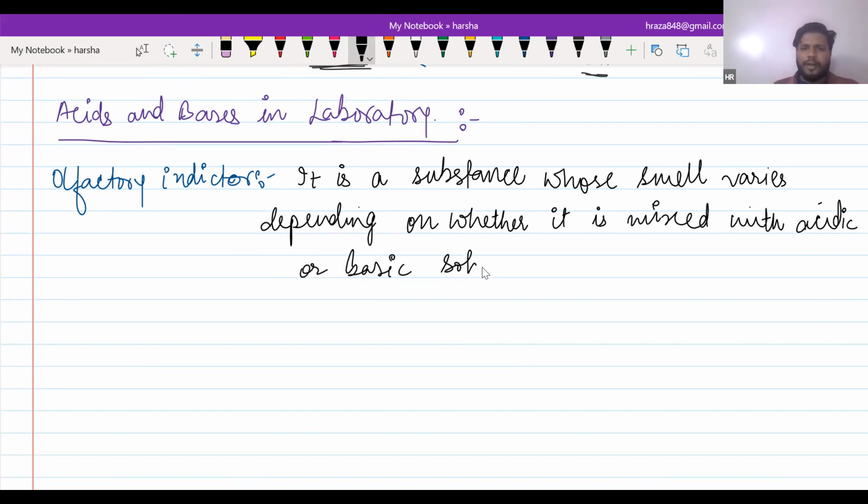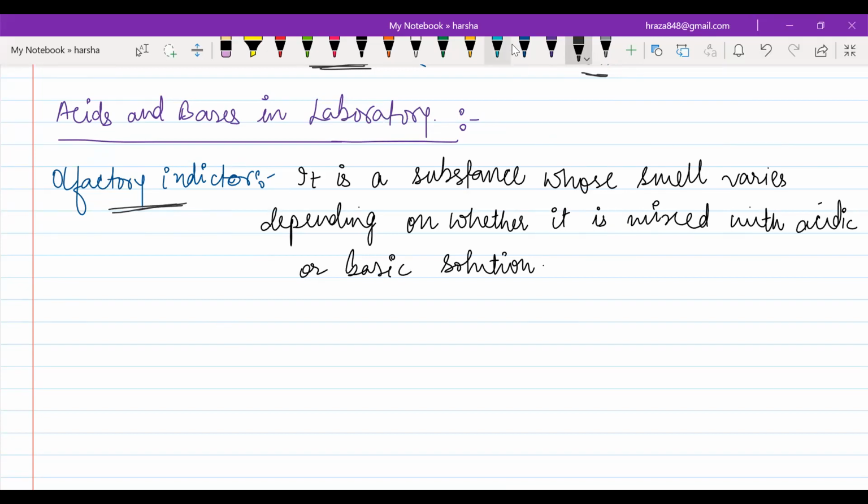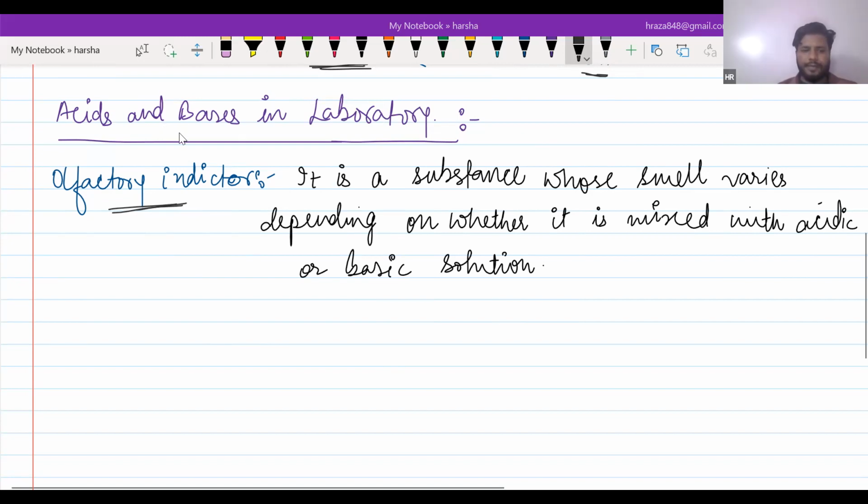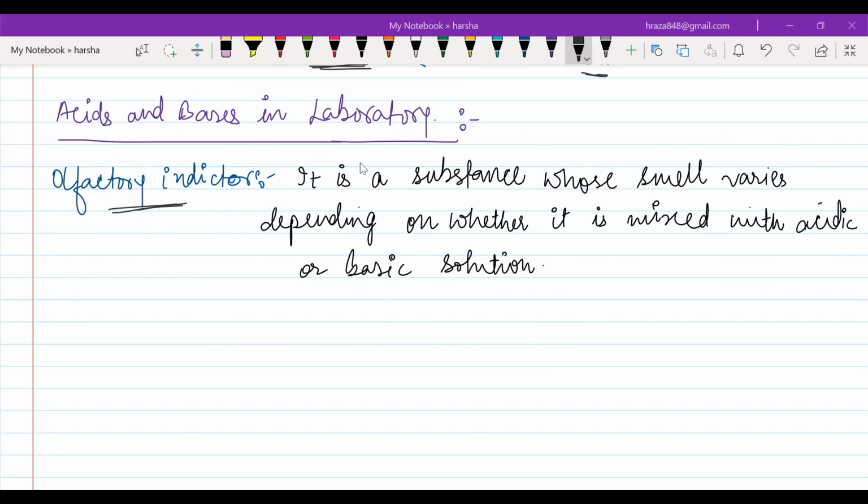So basically, this olfactory indicator is based on smell. If a solution is basic or acidic, it can be identified with the help of olfactory indicators. So please write it. Done, sir. Very good. I wrote it.